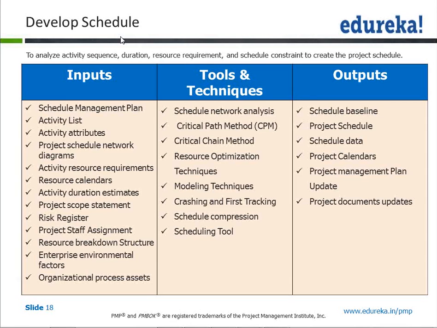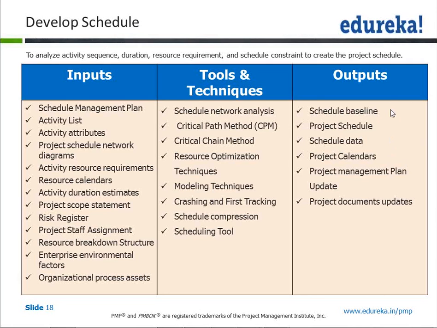Scheduling tool is easy, like Primavera or MS Project. Schedule compression, crashing and fast tracking we will see today itself. Modeling techniques also we'll see. Resource optimization technique, critical chain, critical path we will see.